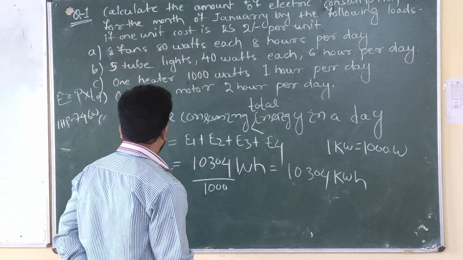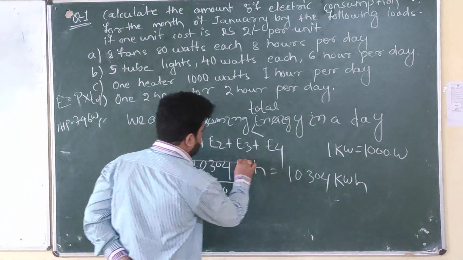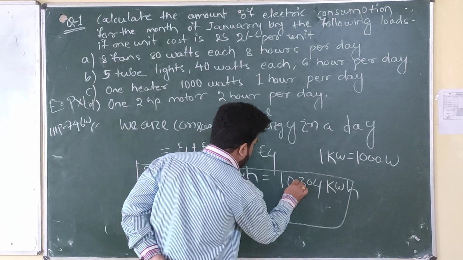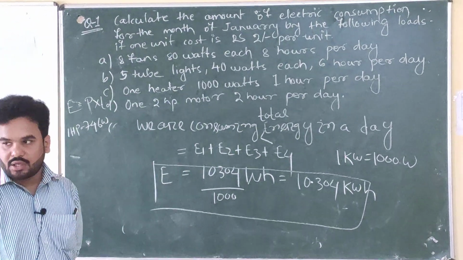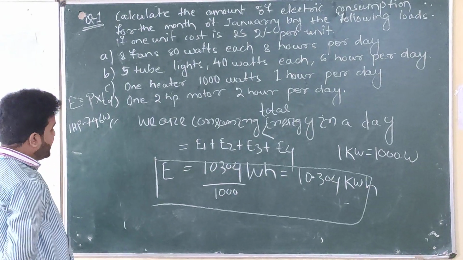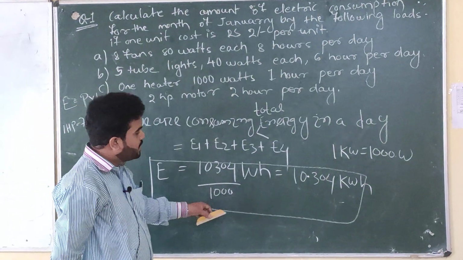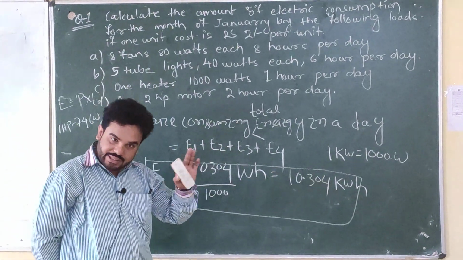So total energy E is equal to 10.304 kilowatt hour. In a day we are consuming 10.304 kilowatt hour.